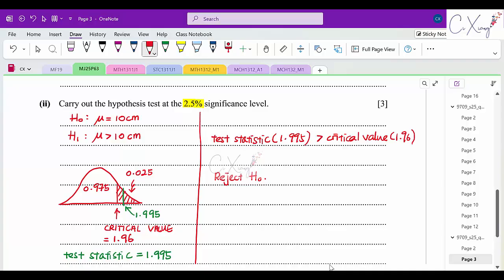So reject the null hypothesis means that there's sufficient evidence to show that the length, they are talking about the length of the pencil, right?